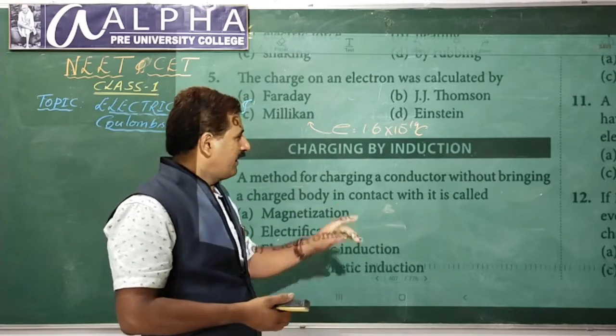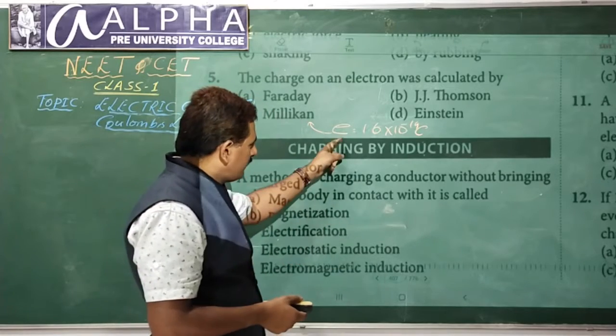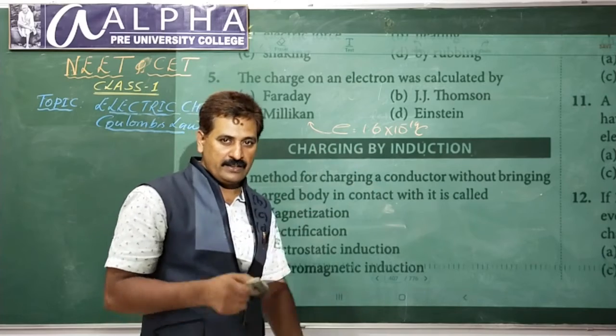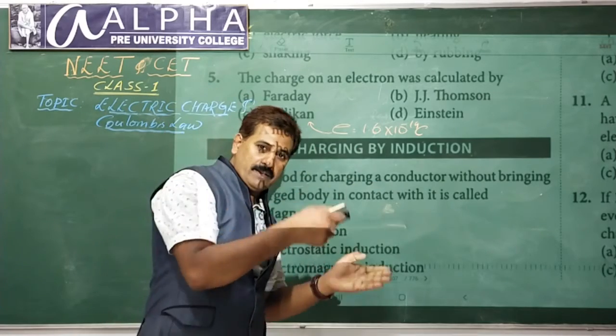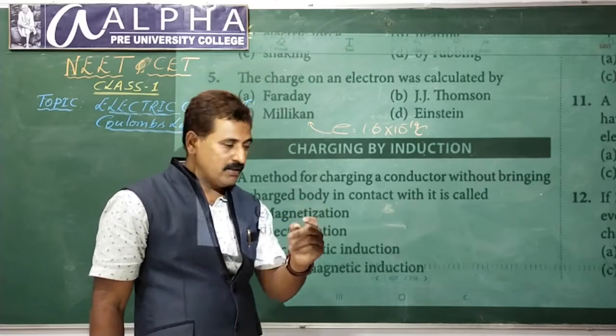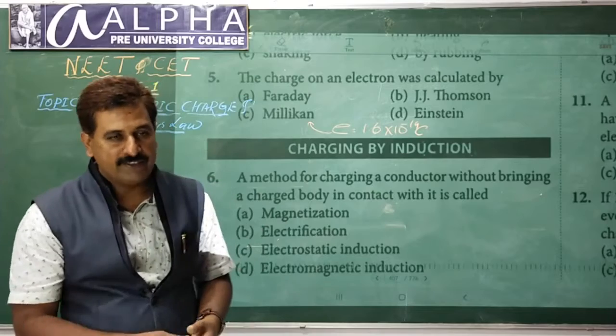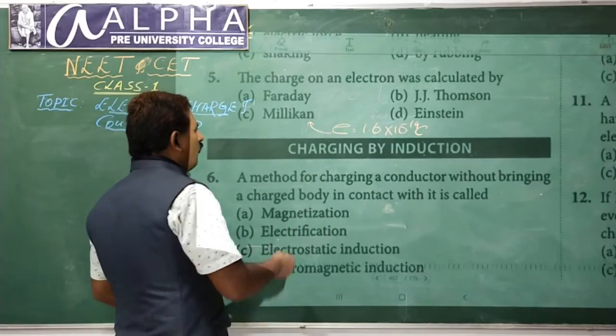In nature, electric charge is quantized. Charge gets transferred not continuously like pouring water from a bucket, but from one body to another in integral multiples of the fundamental value, 1.6 times 10 to the power minus 19. That's it. So you go for option C.